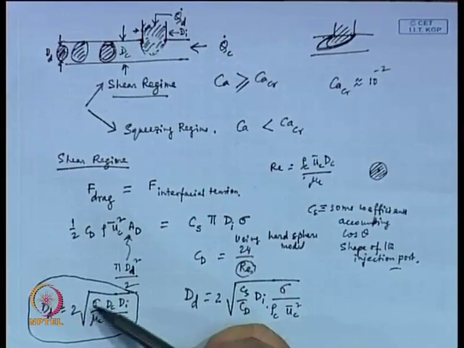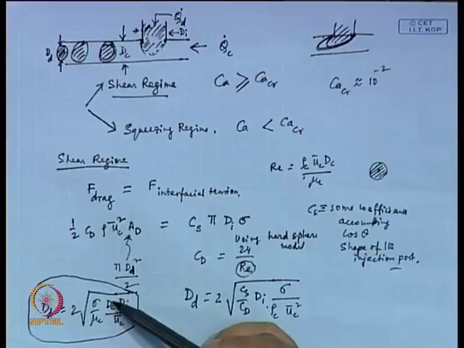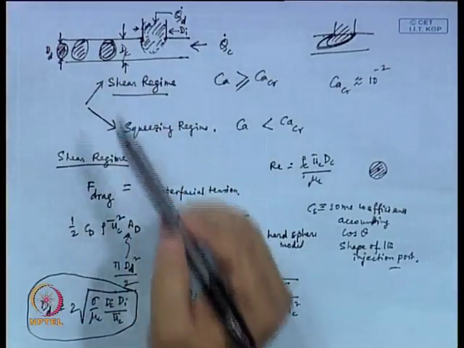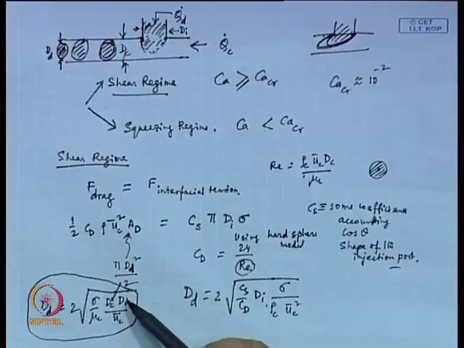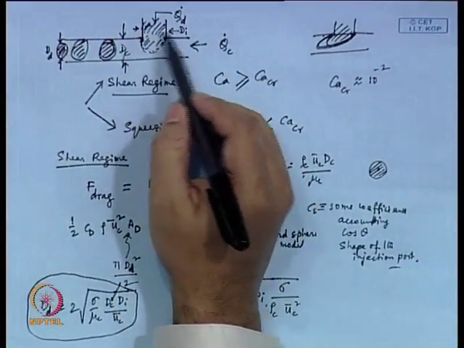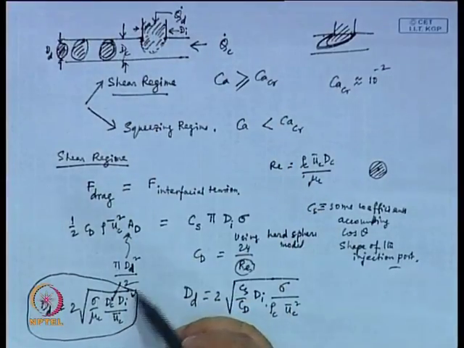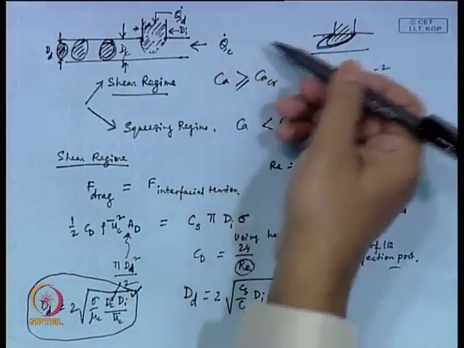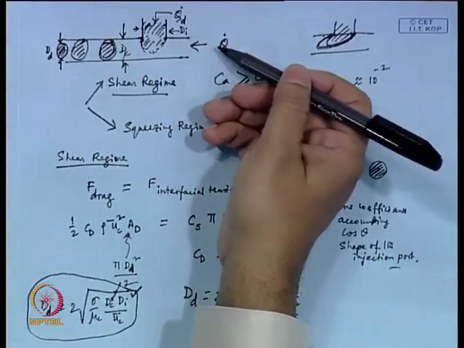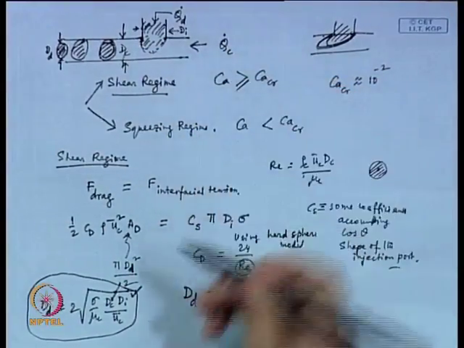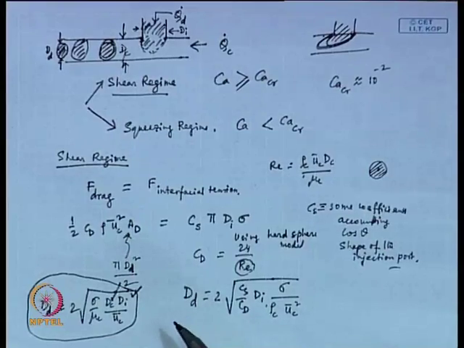the functionality here is we have capillary diameter DC, we have di, that is the diameter of the injection port. We have UC bar, the average velocity of the carrier fluid, which is nothing but QC dot divided by pi DC square by 4. So, that UC bar is there, carrier fluid viscosity is there, interfacial tension is there.